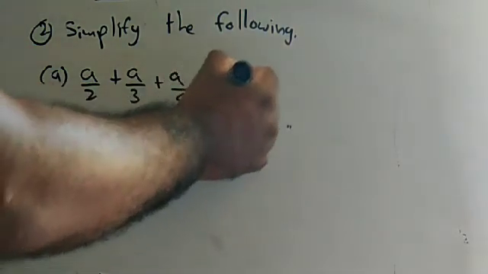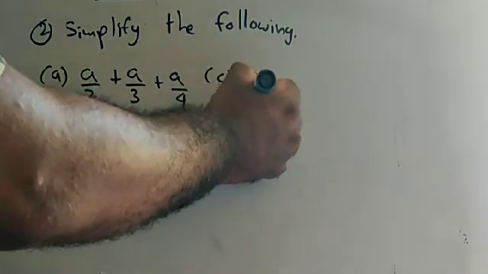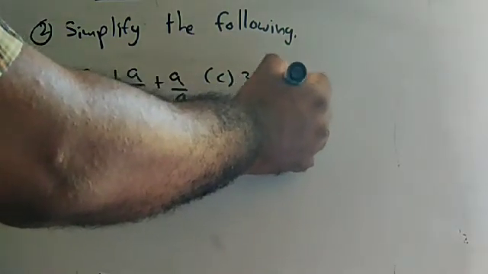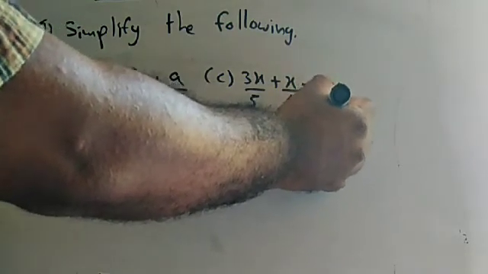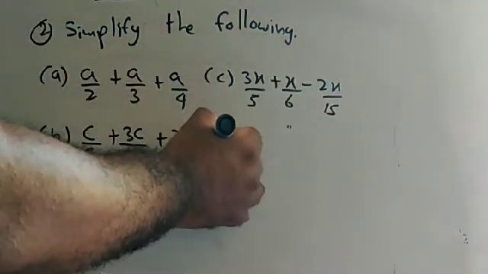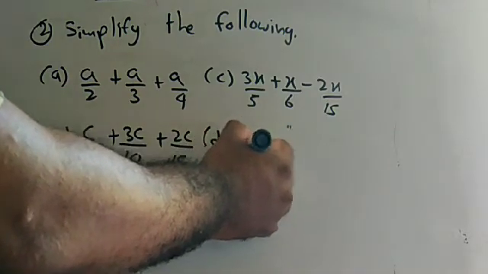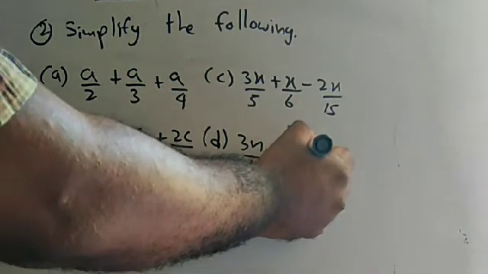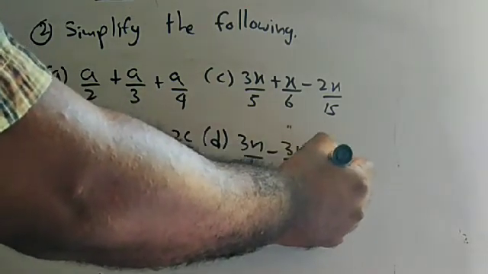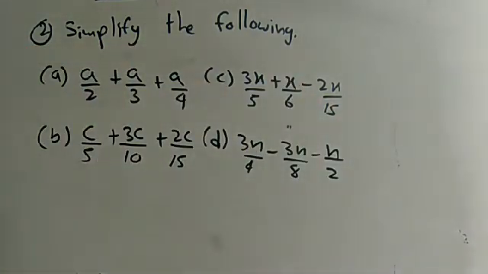C, 3x upon 5 plus x upon 6 minus 2x upon 15. D, 3n upon 4 minus 3n upon 8 minus n upon 2. Copy down this second example.